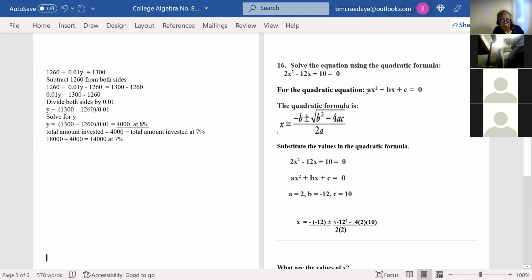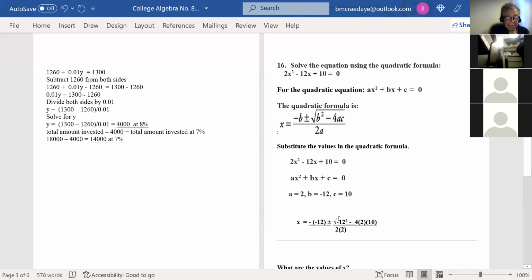terms, your coefficients of your general quadratic, then this is your quadratic formula. X equals minus B plus or minus square root of B squared minus 4AC divided by 2A. So the first part of this was to substitute the values in the quadratic formula. So X equals minus B, B we said was minus 12. So that's a minus 12 because it's a minus B and the B is negative.